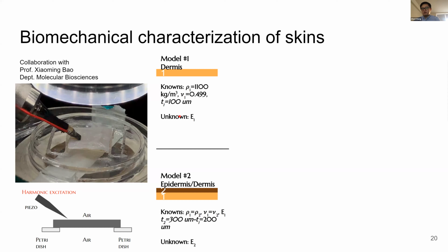And we know that human skin has two layers, the dermis layer and the epidermis layer.